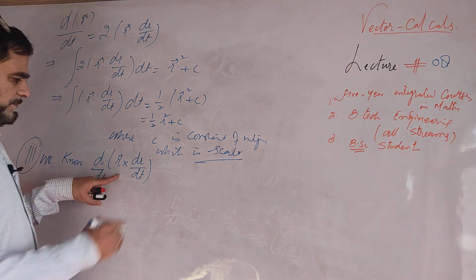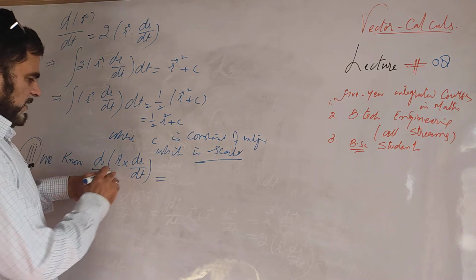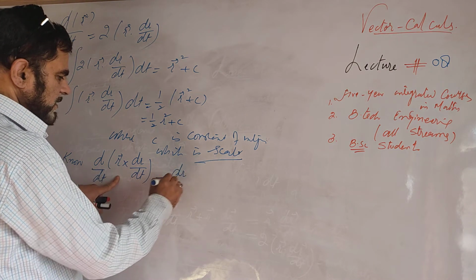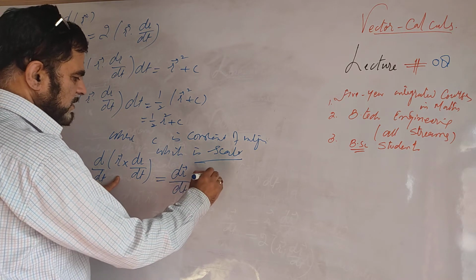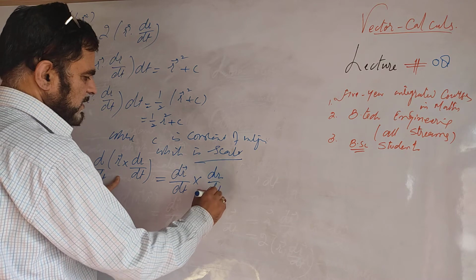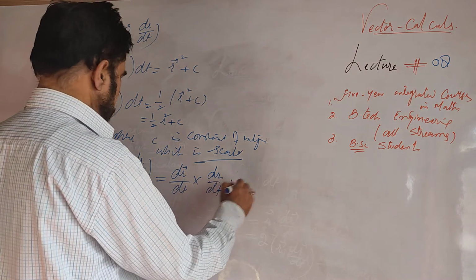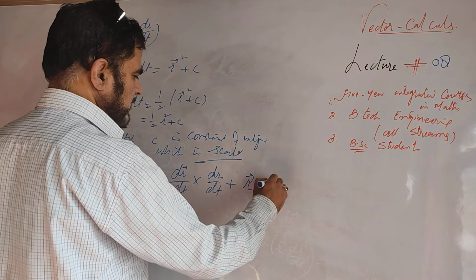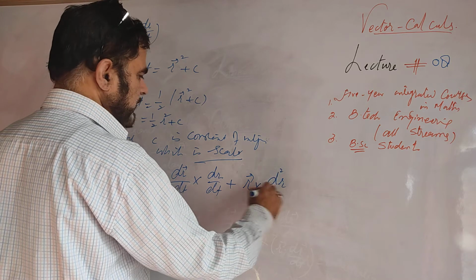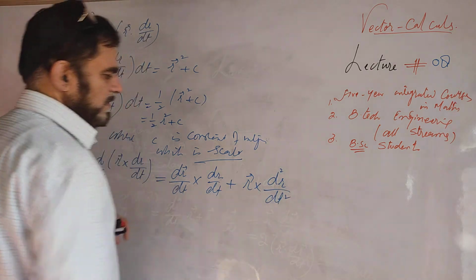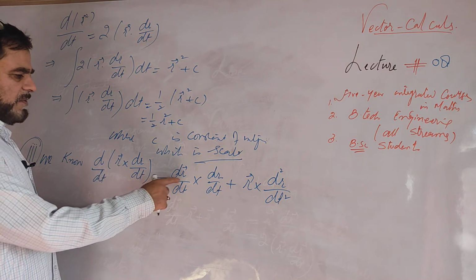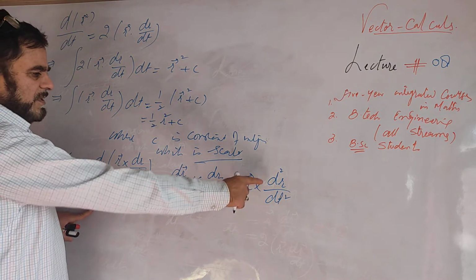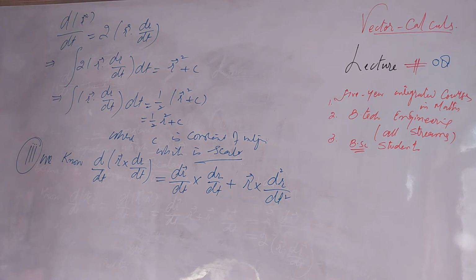What is this? It is dr by dt cross dr by dt, then plus r cross d2r by dt square. Derivative of this, dr by dt cross this, then r cross d2r by dt square.